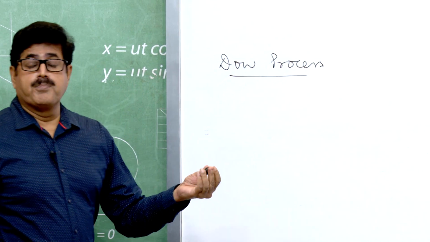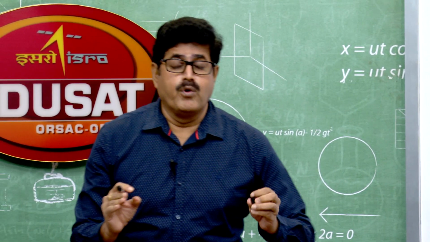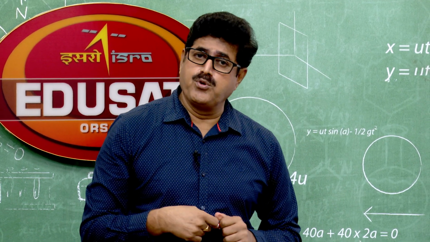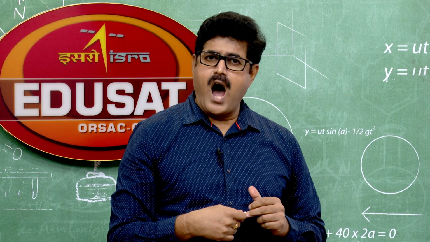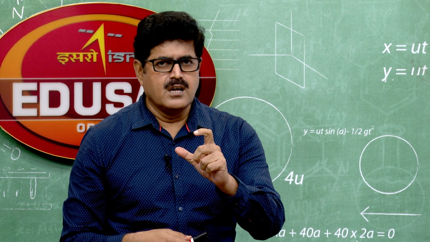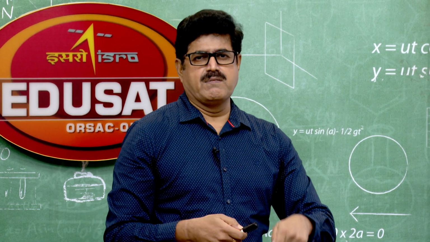So what is Dow process? This is the method in which chlorobenzene is treated with aqueous sodium hydroxide under drastic condition to give sodium phenoxide, which upon acidification gives phenol.